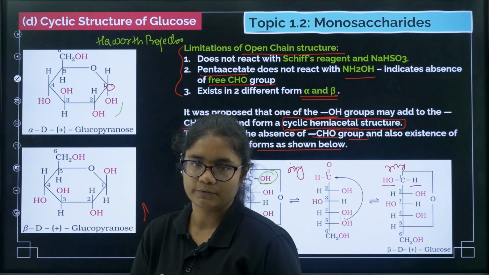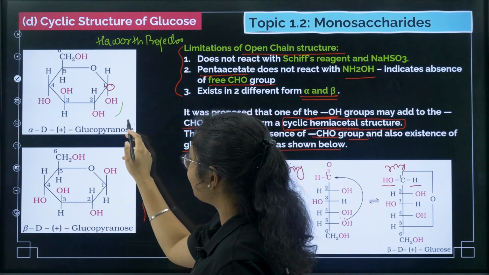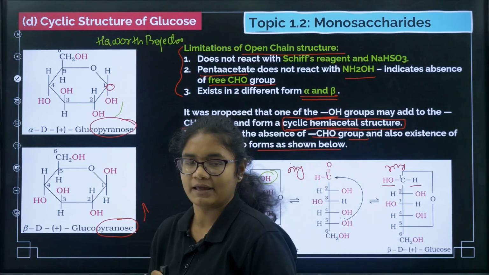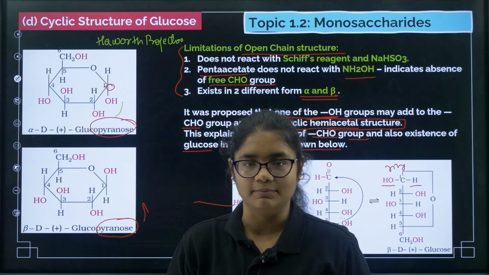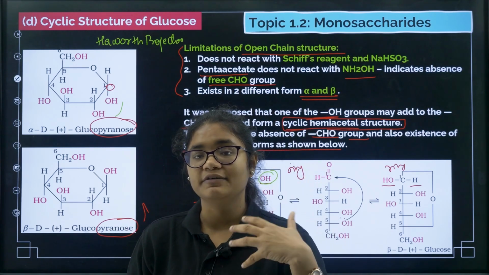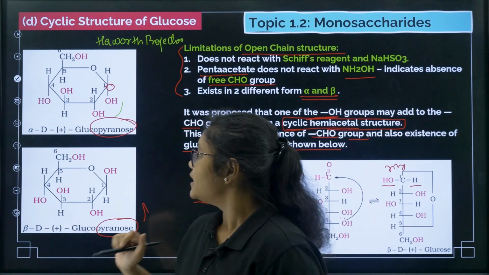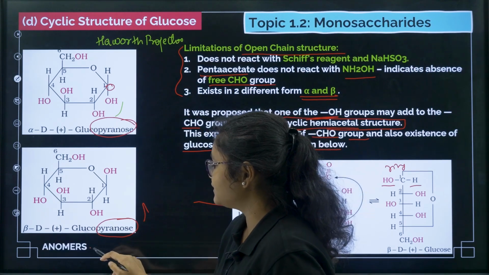D glucose. Now here you can see the name pyranose, glucopyranose and alpha pyranose. What is this pyranose? Why is this name used? That is because of its similarity with a structure called pyran. We'll see that. Now one more important definition is anomers.